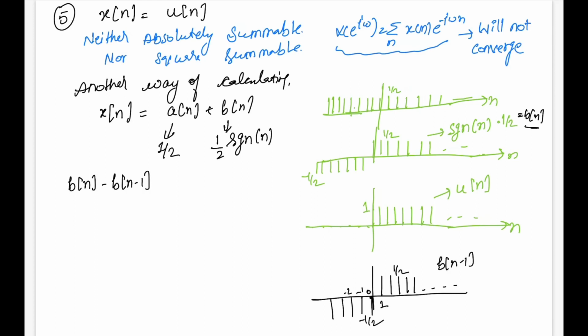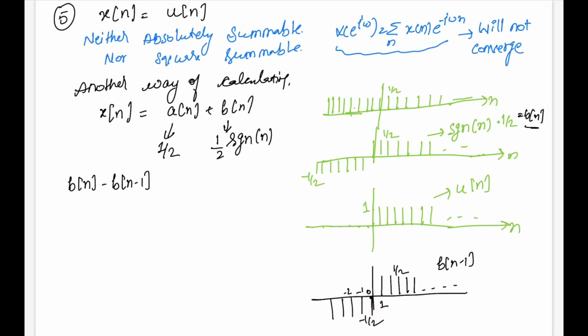So if we subtract these two, for n not equal to 0, for positive values of n, this is half minus half. For negative values of n, this is minus half minus half. That means for non-zero values of n, this is 0, and for n equals 0, this is half minus minus half.